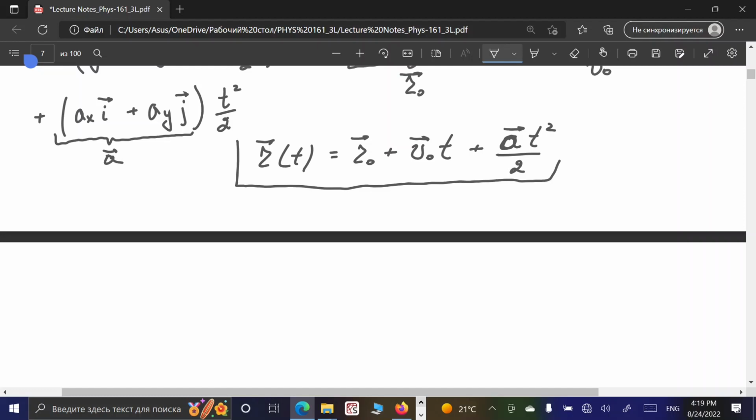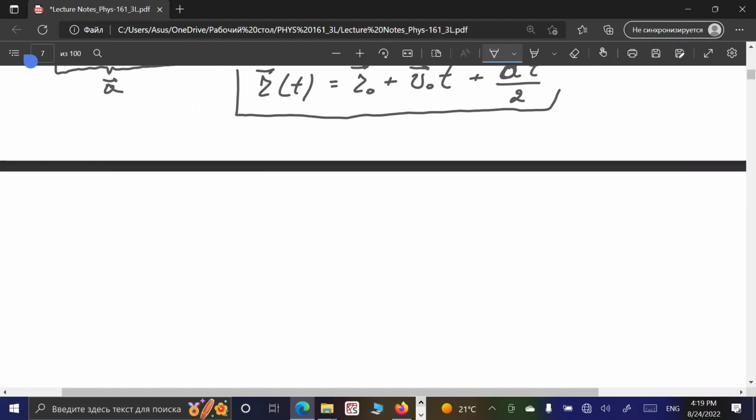So now let us consider, actually we can also show it graphically, similar to velocity. Let us show it here. We have two axes, x and y.